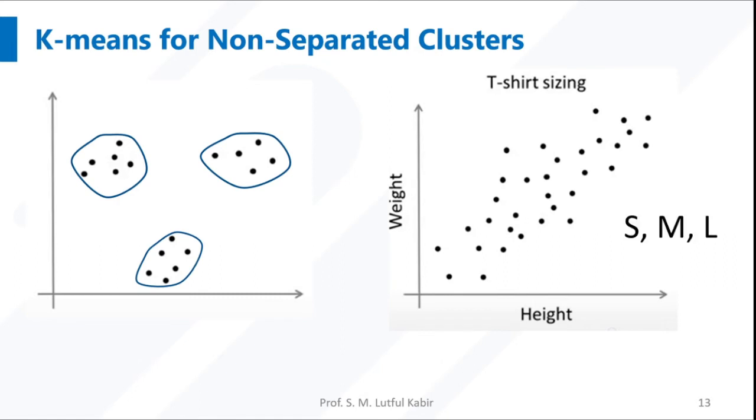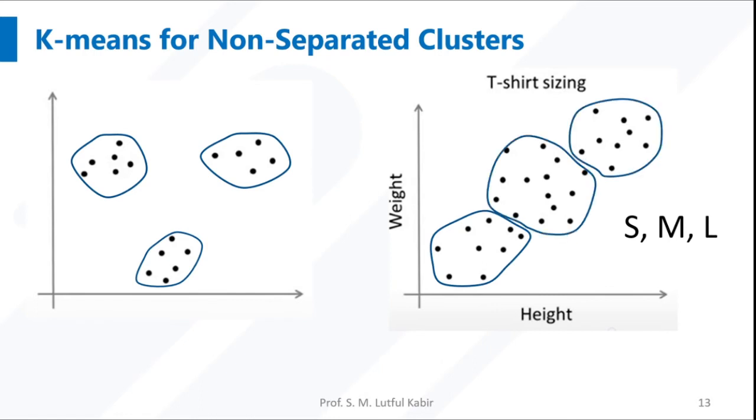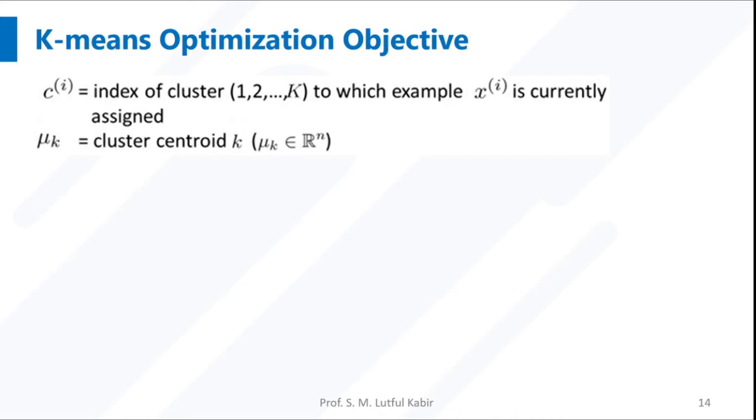So ultimately you may end up with this kind of cluster. As we described earlier, the notation ci is nothing but the index of the cluster to which example xi is actually assigned. That means the association. Xi is associated with a certain cluster and the number of that cluster will be ci.